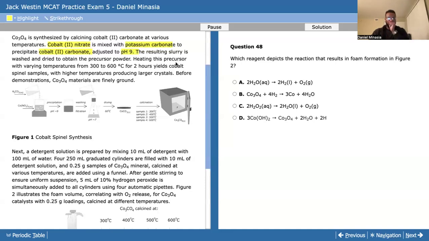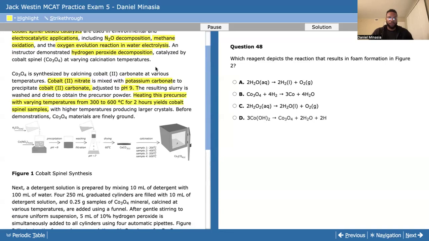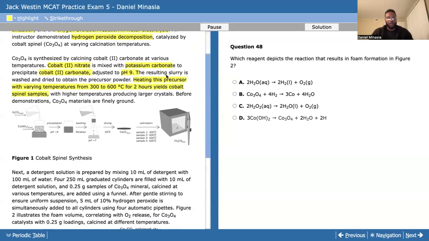So this is how we're making cobalt spinel. Excuse me. All right, so how do we make cobalt spinel? Heating the precursor for 2 hours yields cobalt spinel samples. And I know it looks like I'm highlighting a lot of things this time around, but they all just look like they are important. That's why.